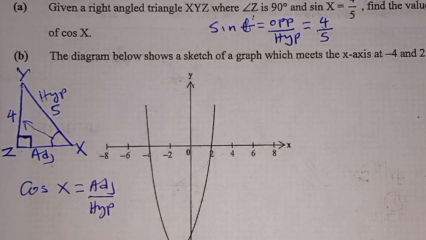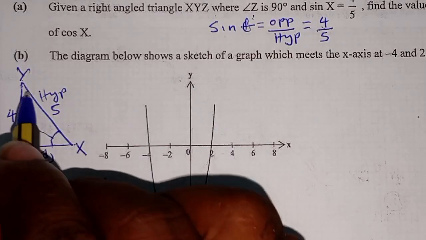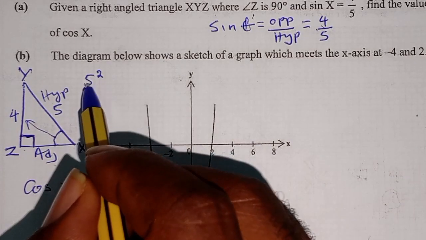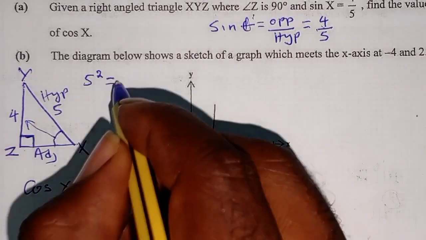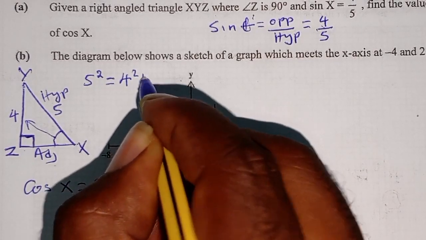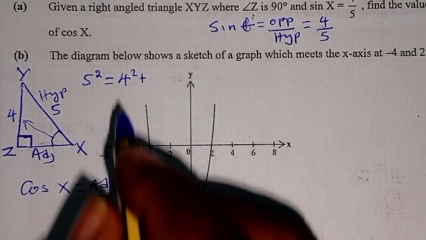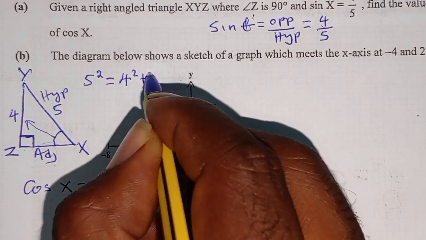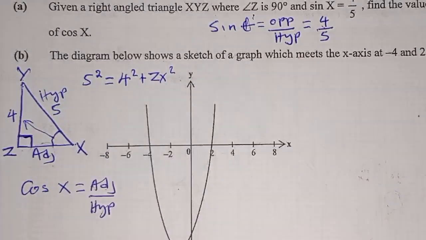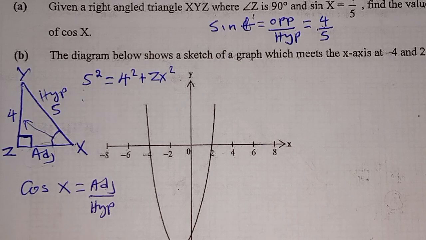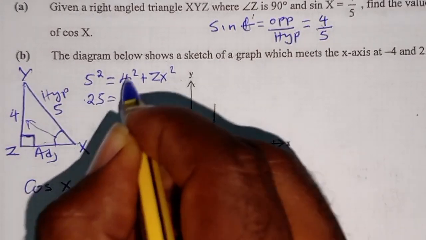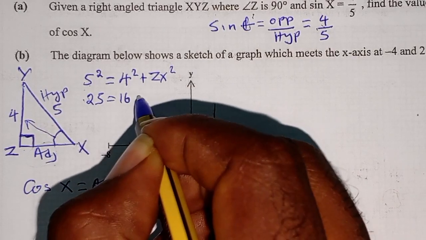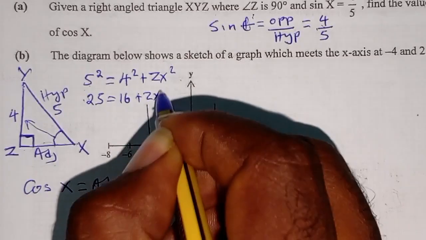By using Pythagoras theorem, so simple. Here we shall say hypotenuse squared equals 4 squared plus adjacent, let me say zx squared. 5 squared is 25. 4 squared is 16, plus zx squared.